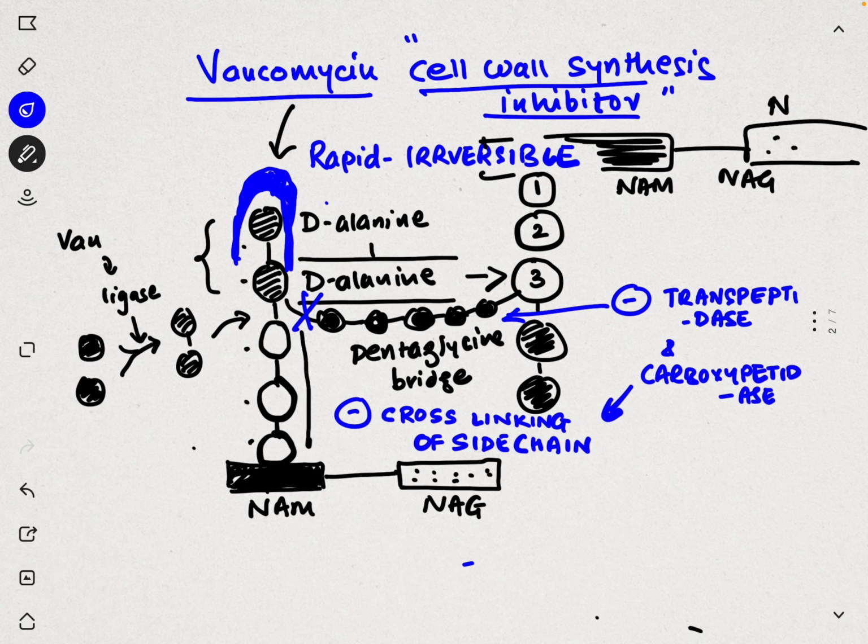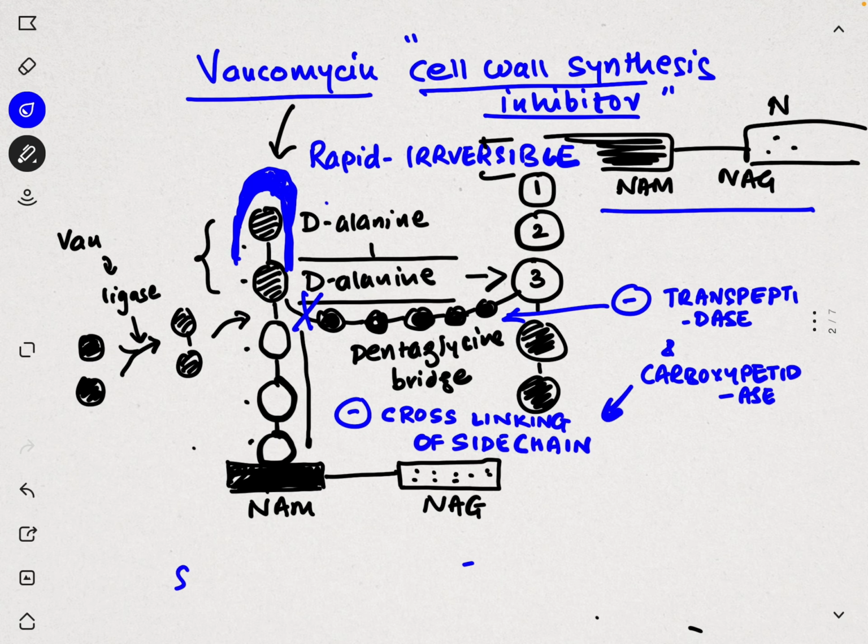It will not allow cross-linking. And due to this, what will happen? The subsequent action of transglycosylase will not happen. So this will not attach to this, and that will lead to a weak cell wall and the bacteria will die. So that is the mechanism of action of vancomycin.